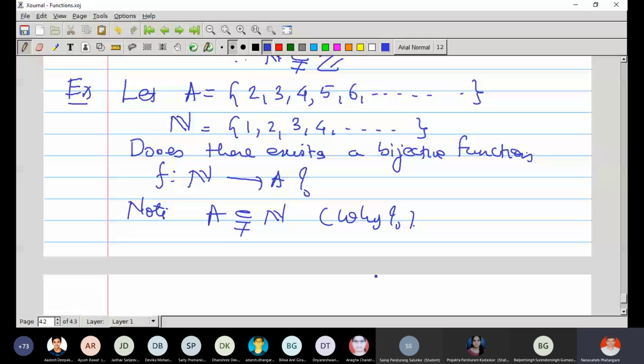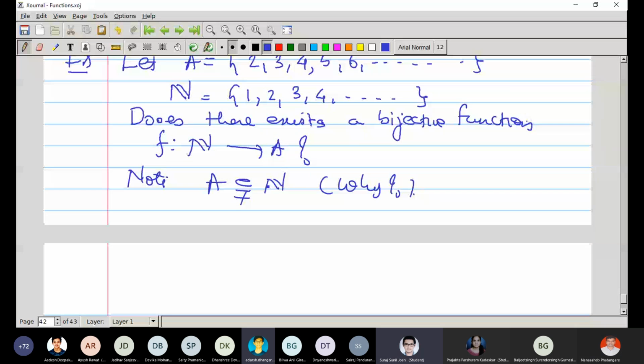Because which element is not in A? 1, right? Because 1 is in natural numbers, but it is not in A. And all other elements. So A is a subset of N, and it is a proper subset because N has some extra elements, 1, for example. So, does there exist a bijective function from natural numbers to A?